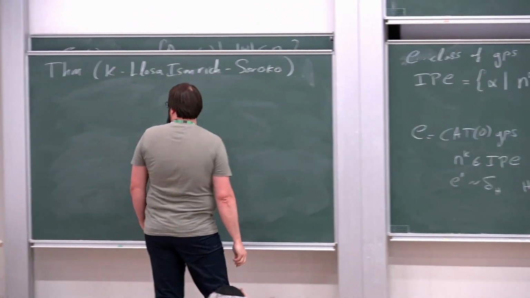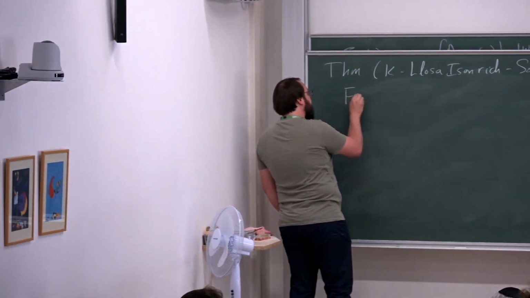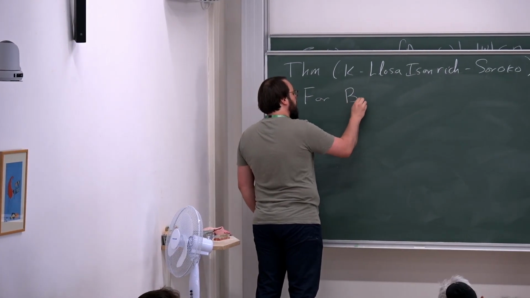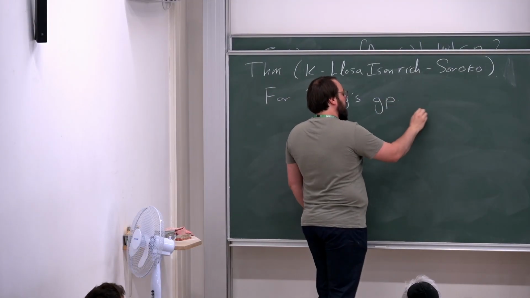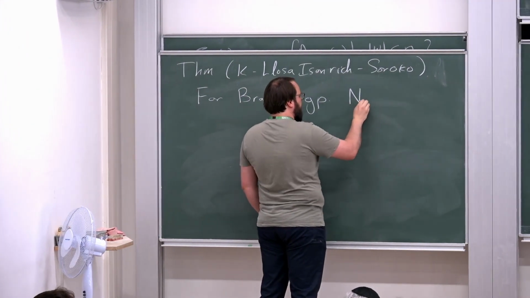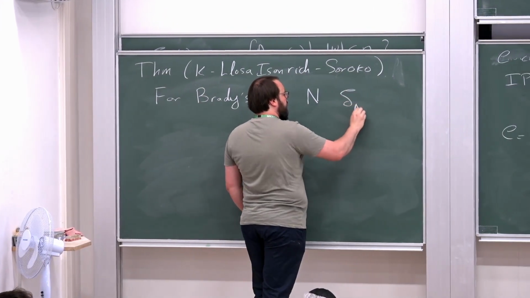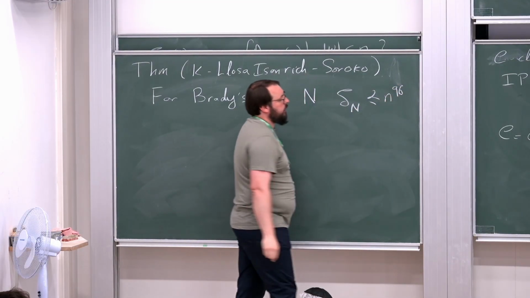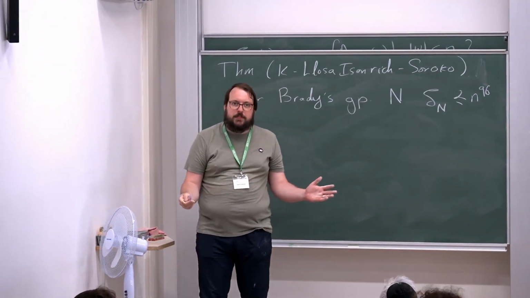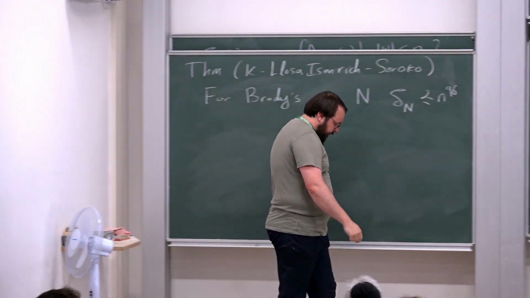We managed to show that for Brady's group, we give it a name n, the Dehn function of n is bounded above by n to the 96.